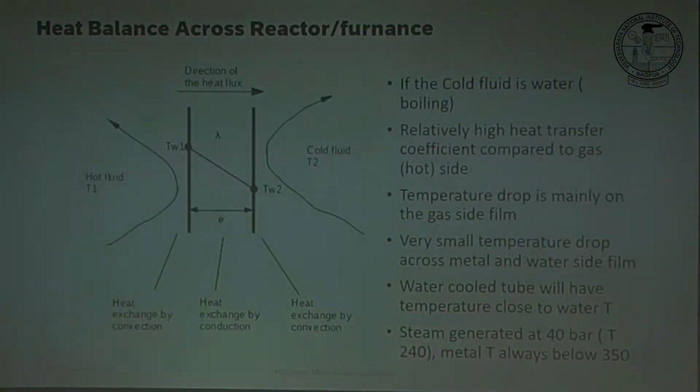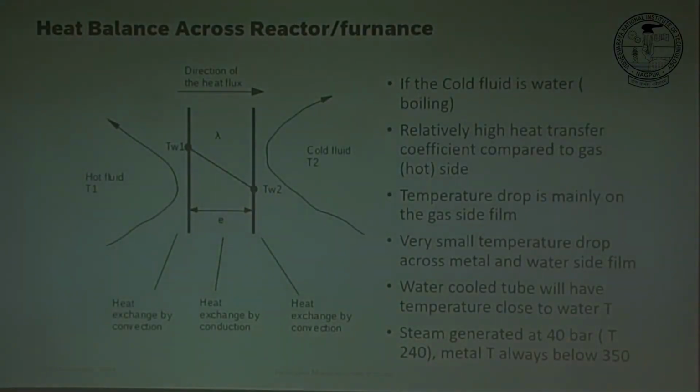So the major temperature drop will be where the heat transfer coefficient is low. Heat transfer coefficient is low means that resistance for heat transfer is high, because resistance is the inverse of the heat transfer coefficient, right? So on the gas side you have a very low heat transfer coefficient, your resistance is very high. So the major temperature drop will be across the gas side film, and there will be a small temperature drop across the water side film, because it's a boiling service on this side.